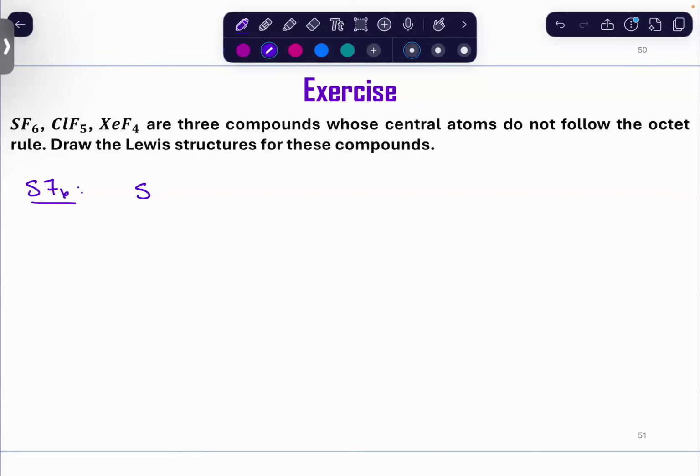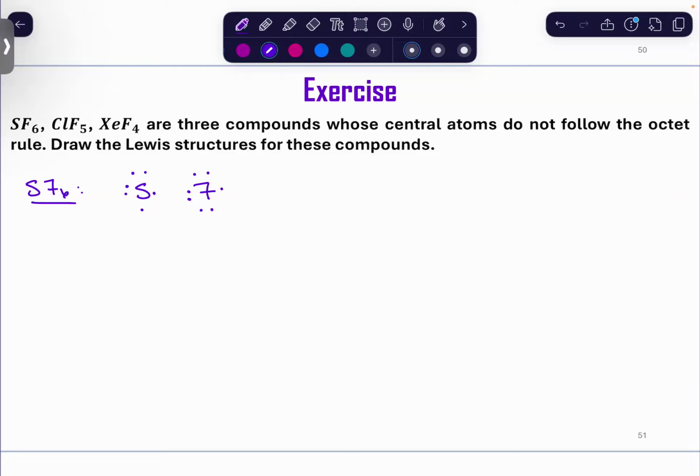SF6, so sulfur, fluorine. Sulfur is in oxygen's group, so 1, 2, 3, 4, 5, 6. Fluorine, 1, 2, 3, 4, 5, 6, 7. You notice that technically sulfur can have six bonding electrons, and fluorine has its one.